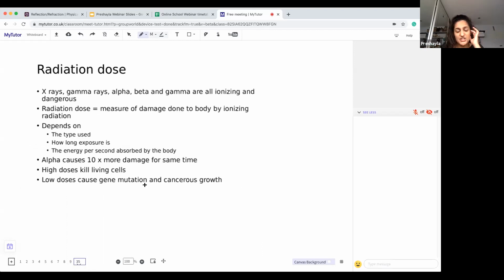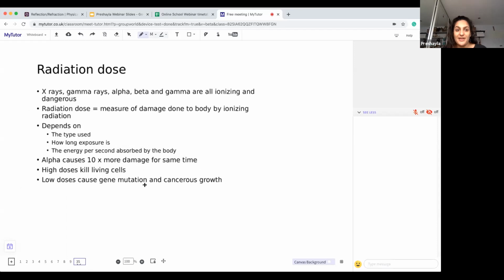Then we looked at radiation dose. The measure of damage that is actually done is all to do with the radiation dose. One question that we had last week was how many X-rays do you need to have damage done to you by the radiation?